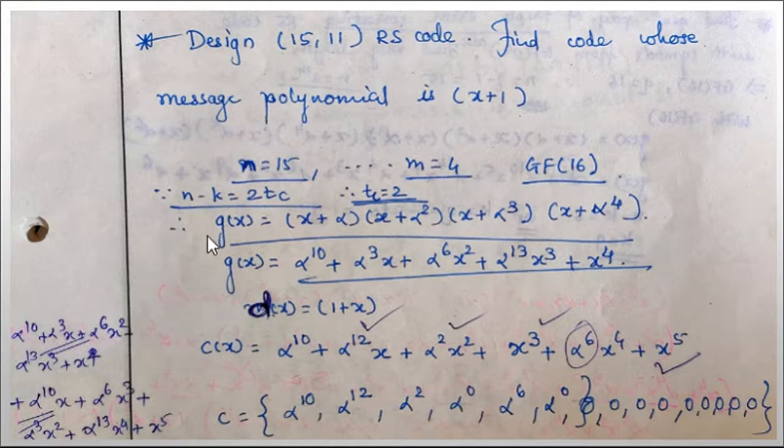Now once we got this expression, the question comes: if at a certain time I need to obtain alpha into alpha square into alpha cube, ultimately it is alpha raised to 6. What should be the value of alpha raised to 6?